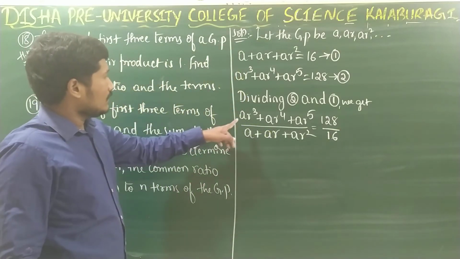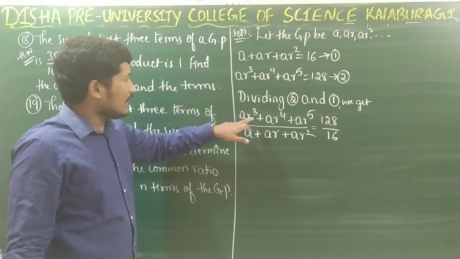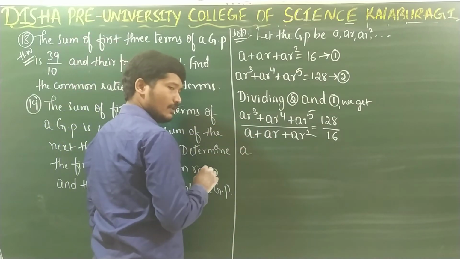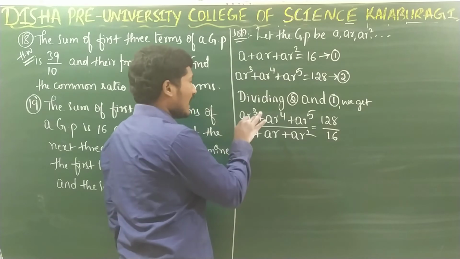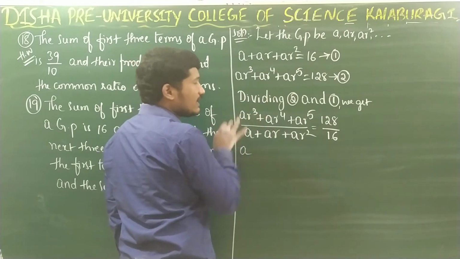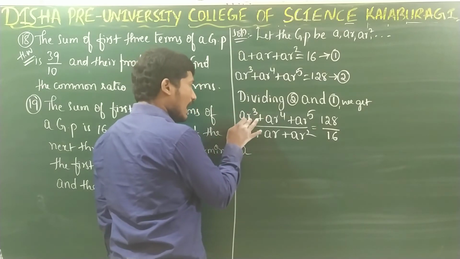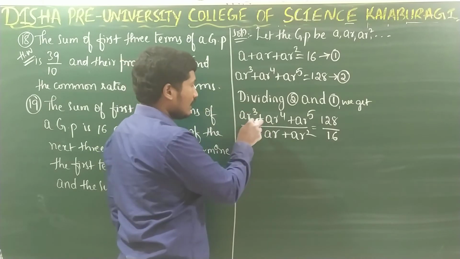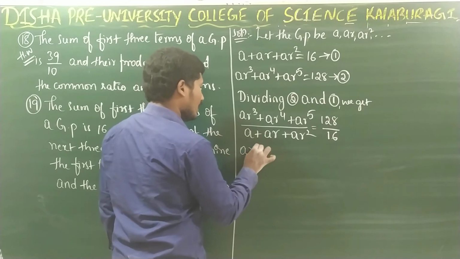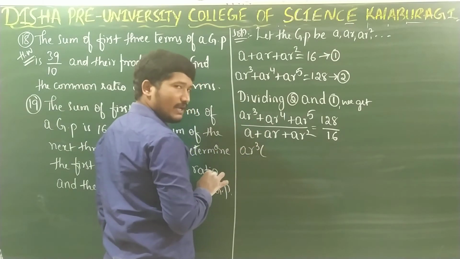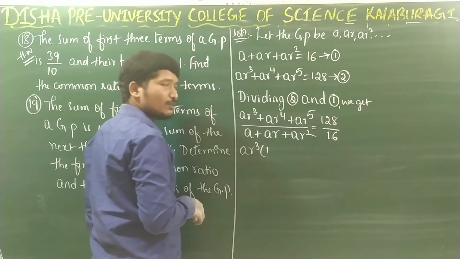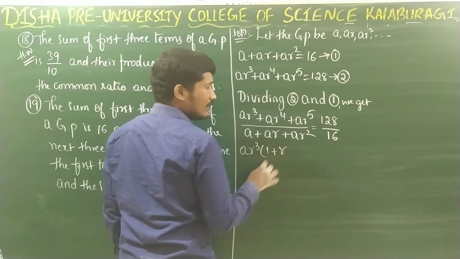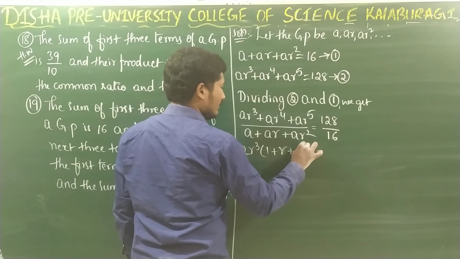Now in the numerator, A is common. I will also take the lowest degree term, R cube, common in the numerator and take it outside. I will be left with 1 plus R plus R square.